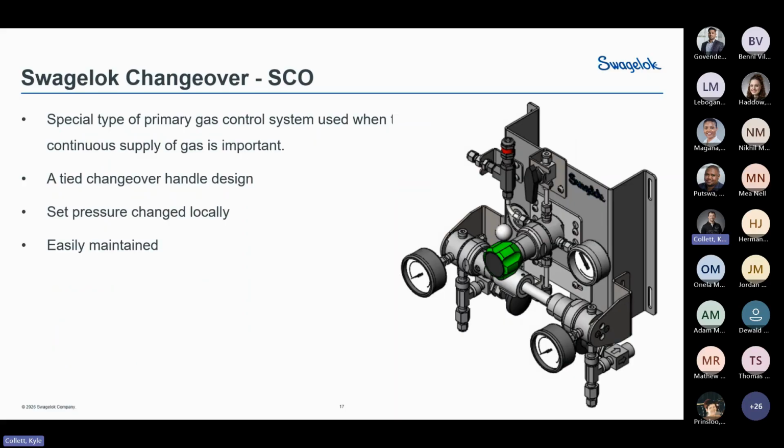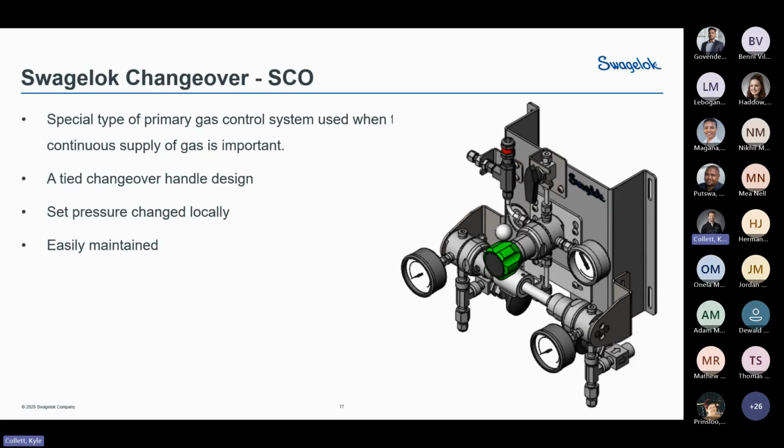Next, we'll take a look at one of my favorite systems, the Swagelok changeover system. This is a truly automatic changeover system with no human intervention required to change over from one cylinder bank to the other once one of the supplies has been depleted. Like the Swagelok gas panel, these systems are found right after your pressure supply.